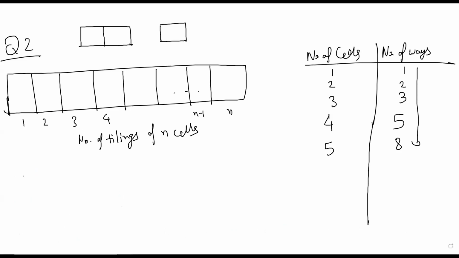How did we see last time that this was the same as the number of tilings for n minus 1 cells plus the number of tilings for n minus 2 cells? How did we see that last time, just in terms of journeys?